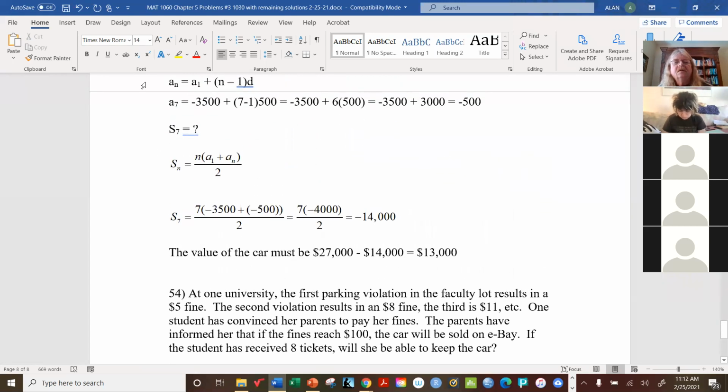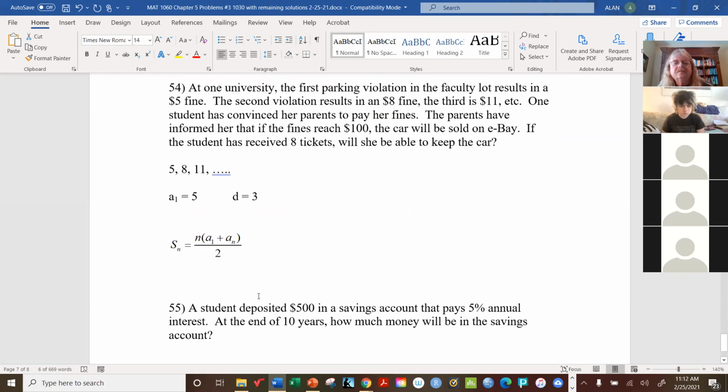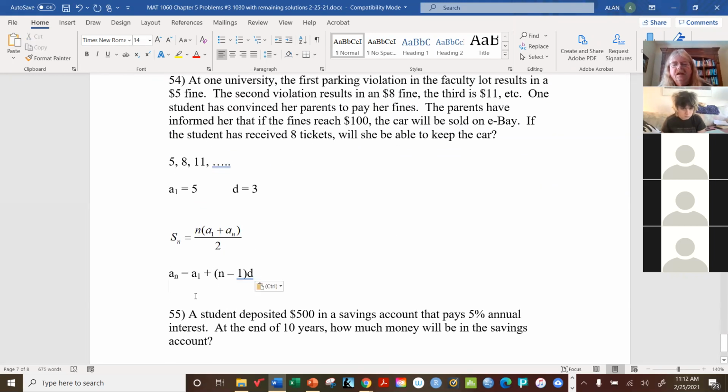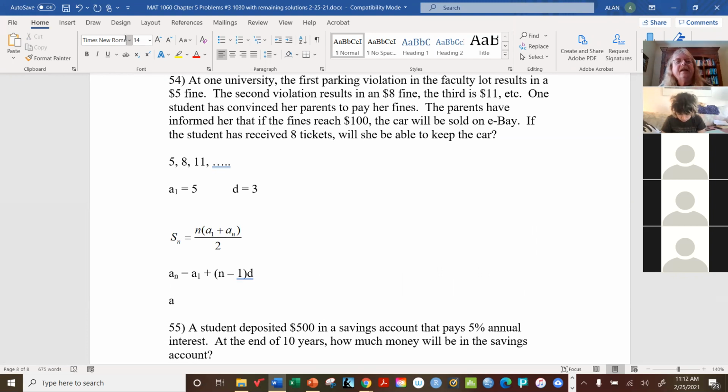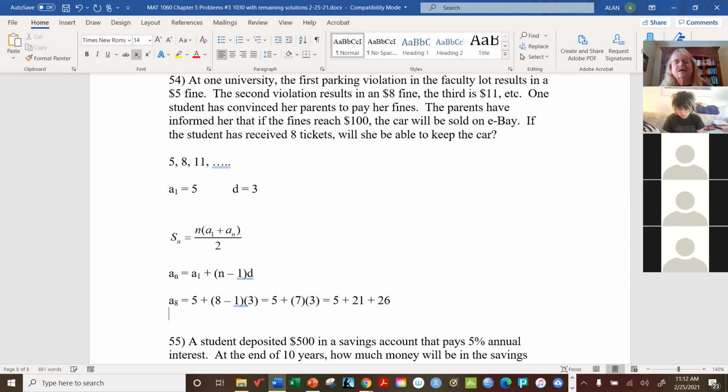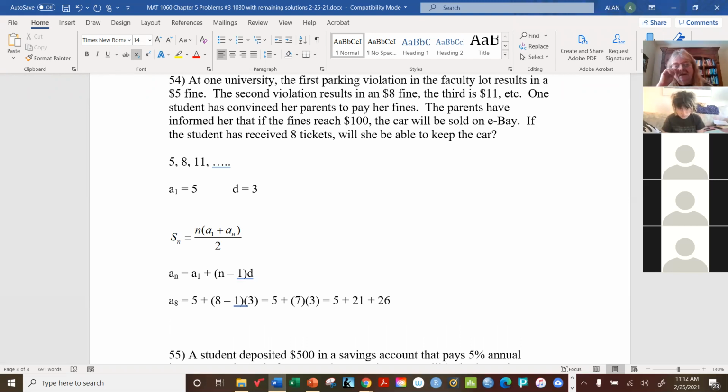So we'll go back to our formula and we'll see what An is. So we started with 5. We've got 8 tickets. The difference is 3. Oh boy, that last ticket is $26. Ooh, this isn't looking good, is it?